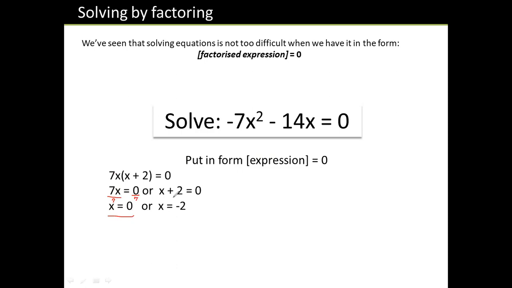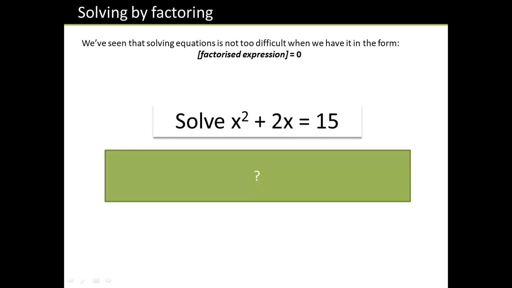Or the second value, x plus 2, transpose becomes negative, so therefore x equals negative 2. Okay, so that is by the factoring method we can get the value of x or the roots of the equation. Now what about this one?